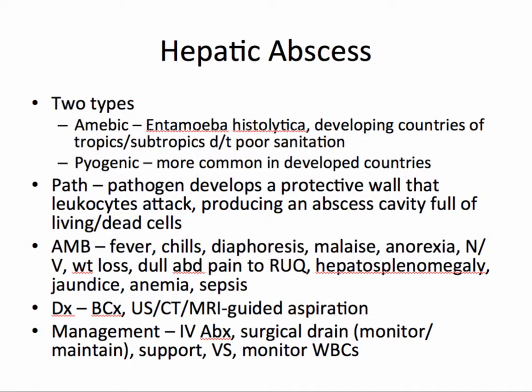They are diagnosed by blood cultures, as well as ultrasound, CT, or MRI guided aspiration. Management includes IV antibiotics, surgical drain, support, vital sign monitoring, and monitoring of white blood cells.